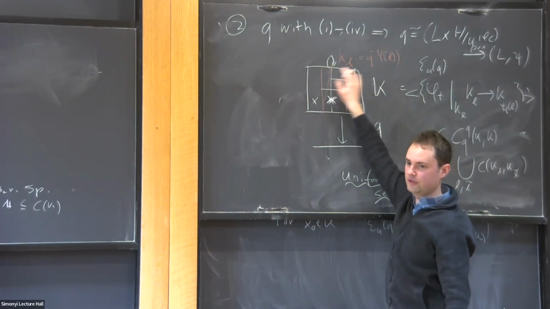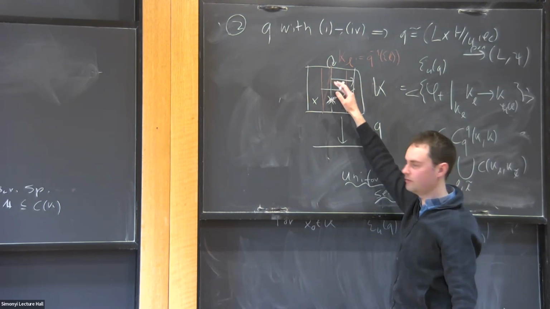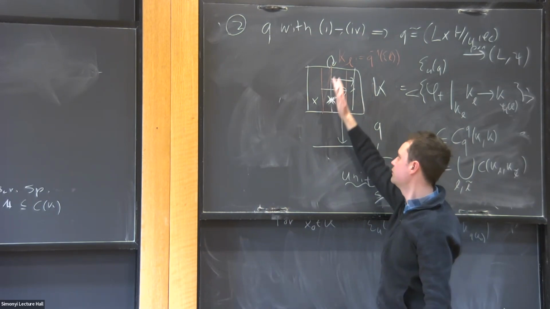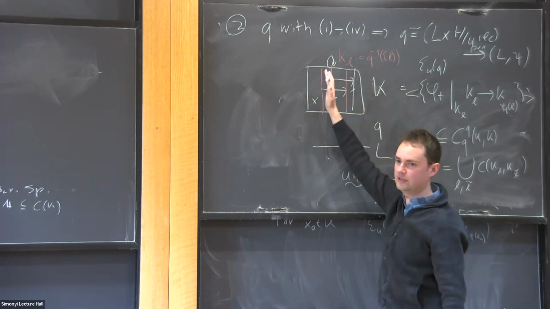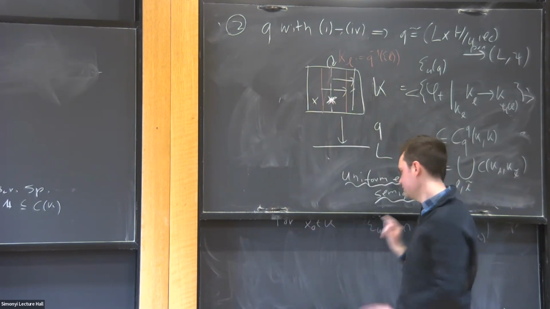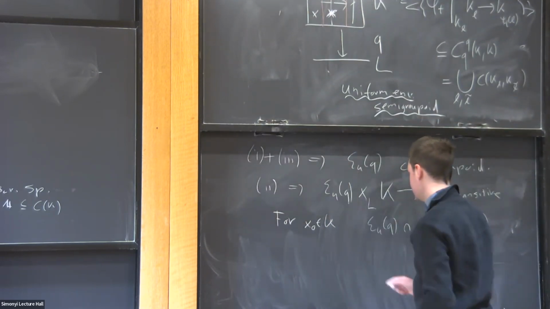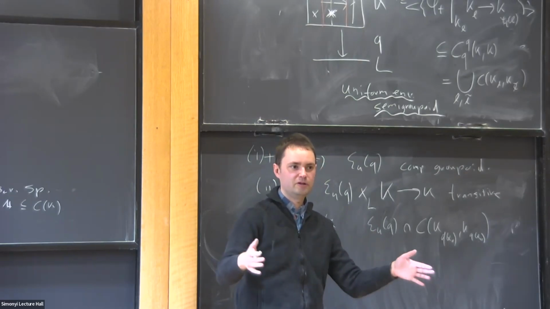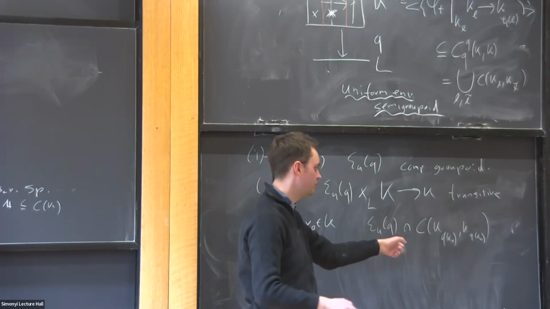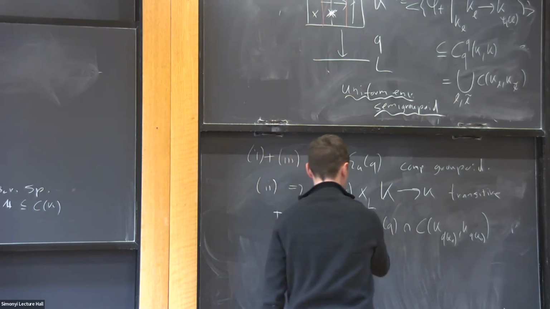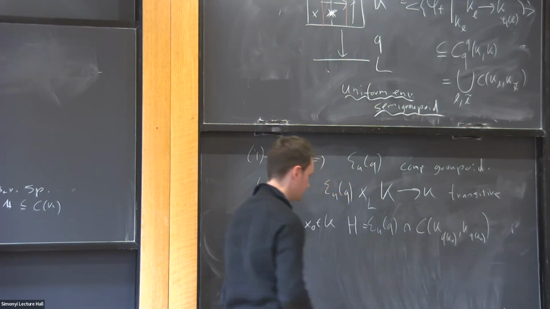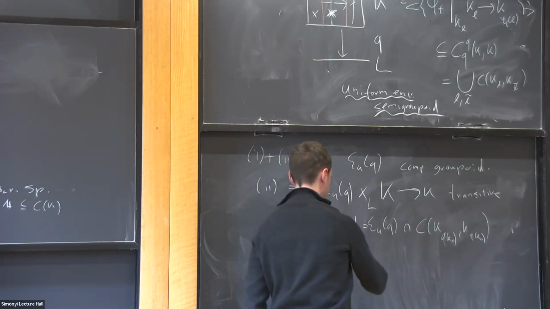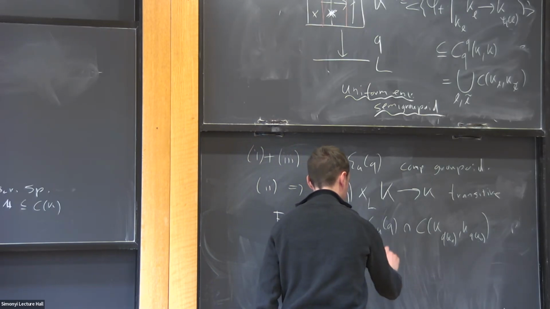So I forget about all the other maps in my groupoid for the moment, which are defined on other fibers. I just look at the maps which are defined on this fiber and map the fiber to itself. And in this way I now get really a compact group. So before I had a compact groupoid, and now I have a group operating on this one fiber. So this is my H. And again, my U is just the stabilizer of that group.